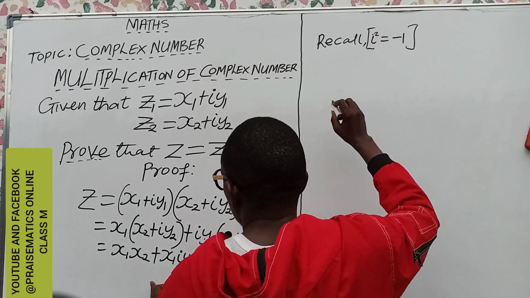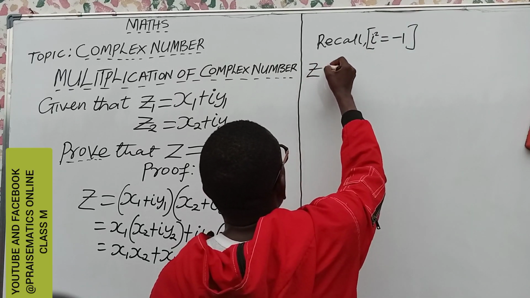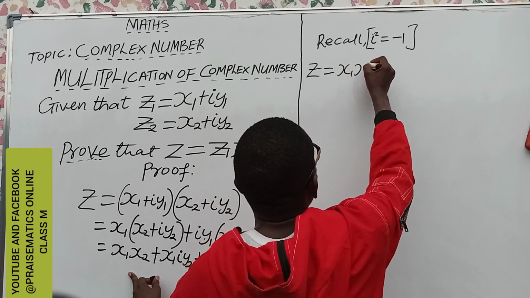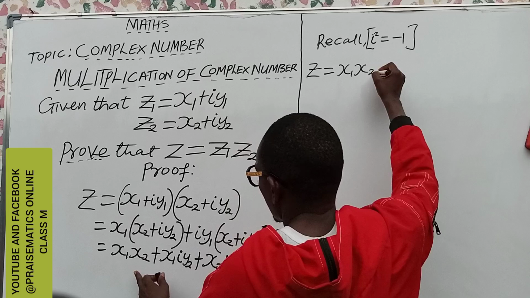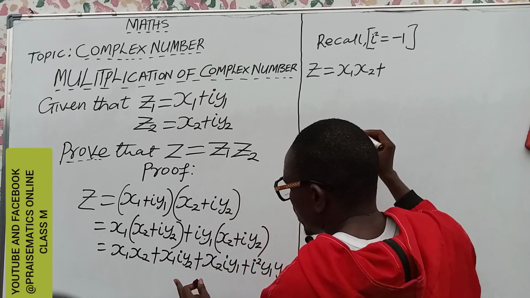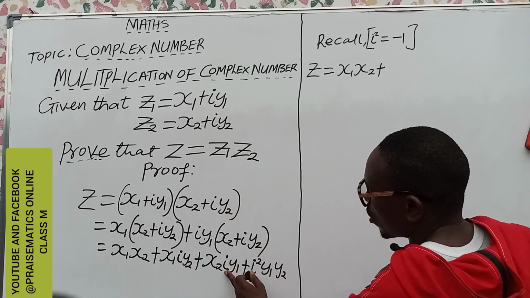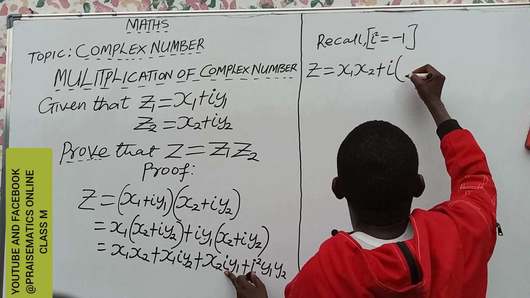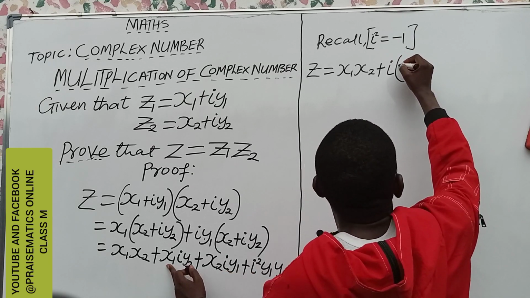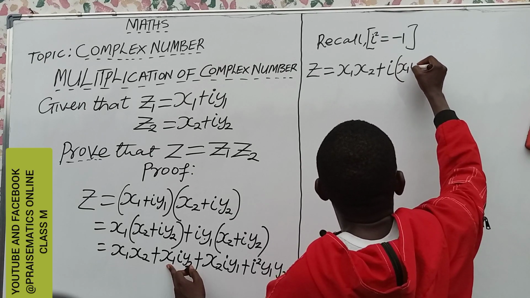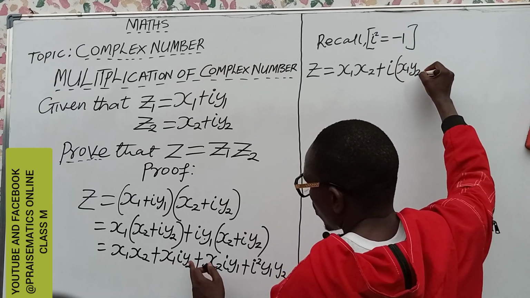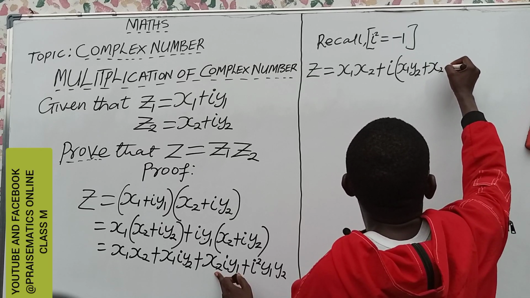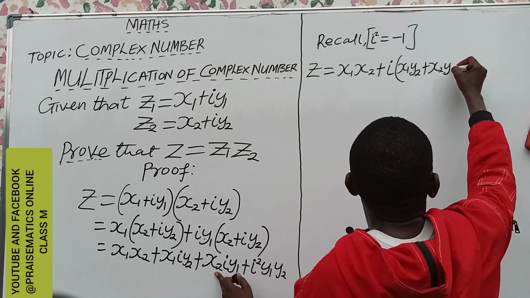As a matter of that, what we have now is that z is equal to x1 x2 plus, there is a presence of i here and i here, so bring one i out, factor one i out. i into x1 y2 plus x2 y1.